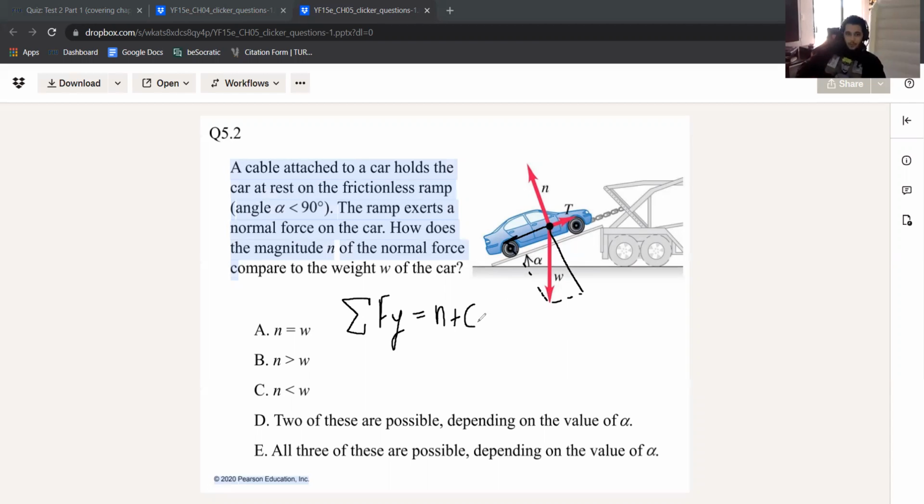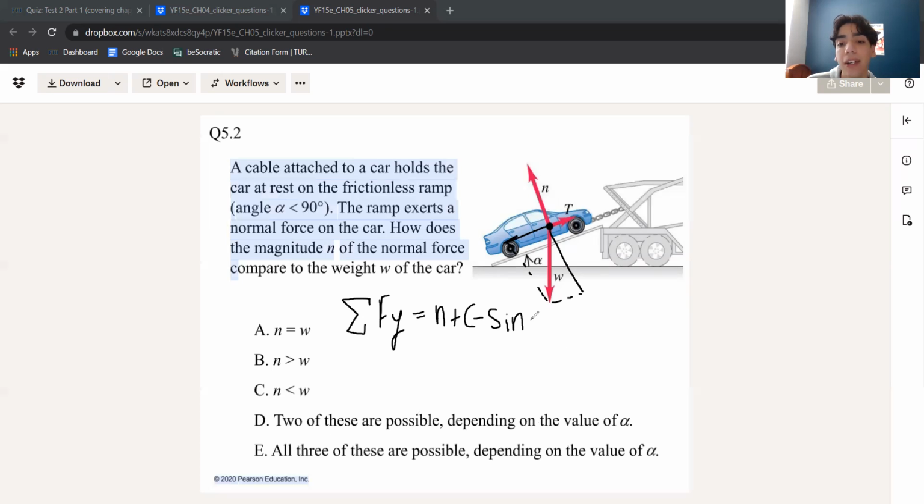Yeah, because we'd be using it as a y-axis. And would that be positive or negative? Anybody? I think it's negative. Depending on how you arrange the angle and your axes, but we could do negative since we have the normal force being positive.